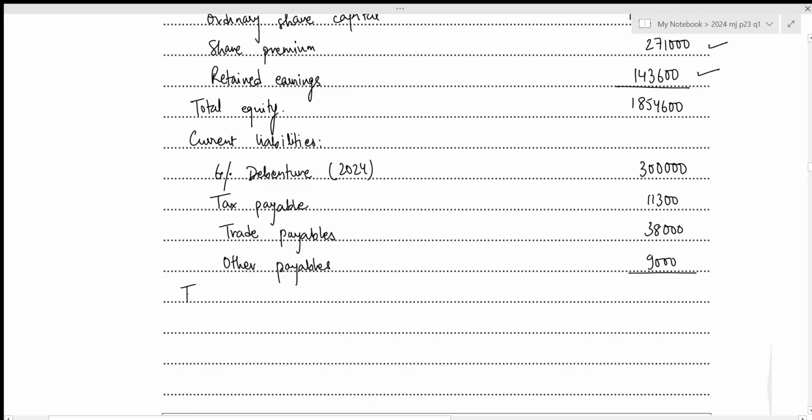So let's calculate the total liabilities. That will be 300,000 plus 11,300 plus 38,000 plus 9,000, which results in 358,300. Now, lastly, we will calculate the total equity and liabilities.